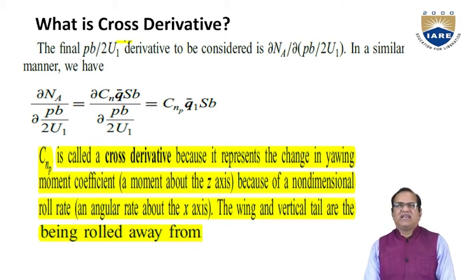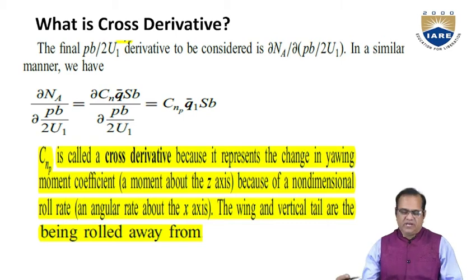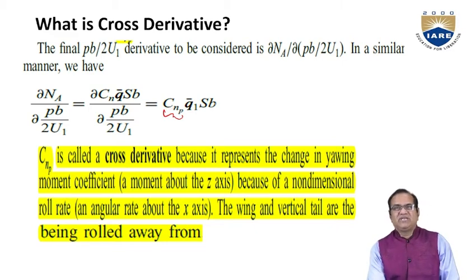Here Na is the yawing moment. Na we can write as Cn Q bar S b, so dou Cn by dou pb by 2u1 we can write as Cnp, and this Cnp is called the cross derivative.